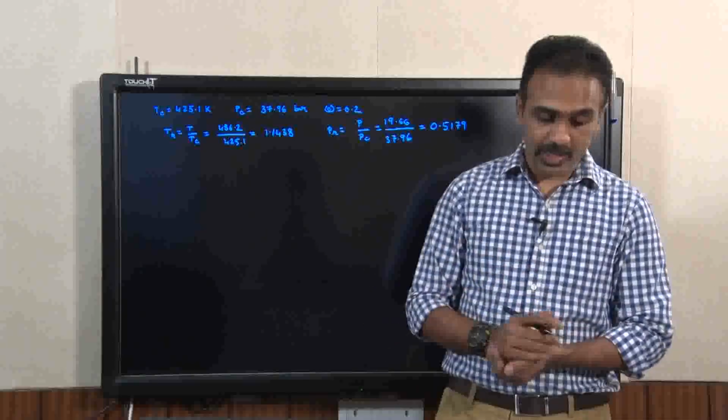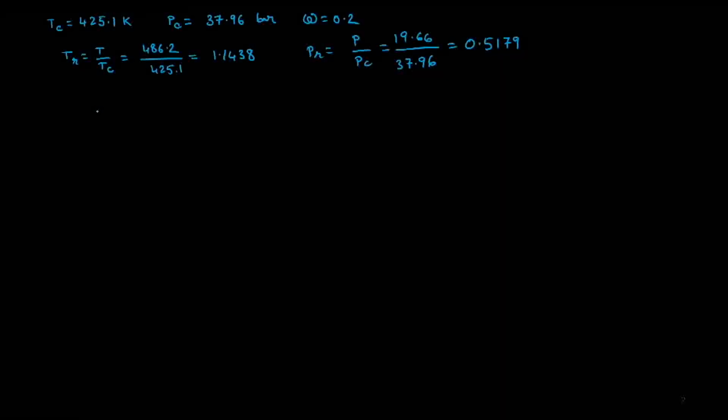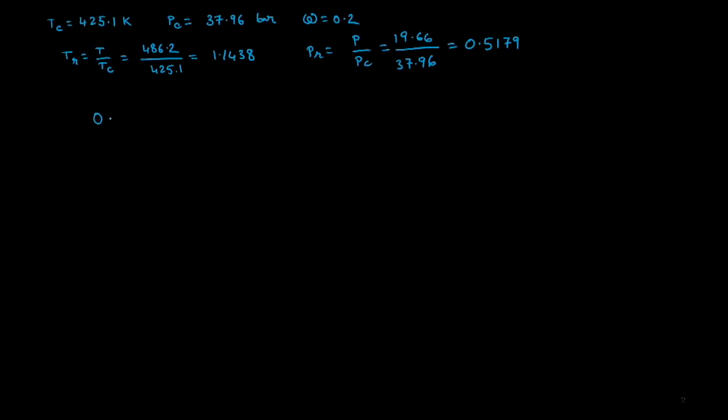And I can use these Lee-Kessler tables, do a double linear interpolation for Pr between 0.4 and 0.6, as well as Tr between 1.1 and 1.15.